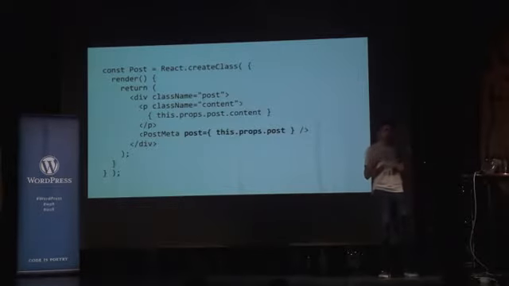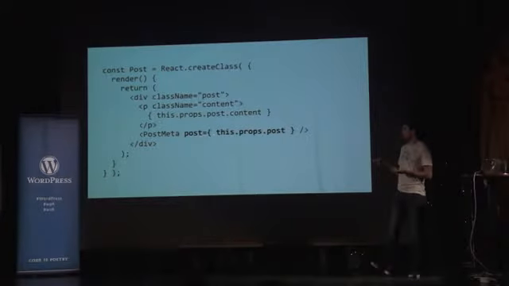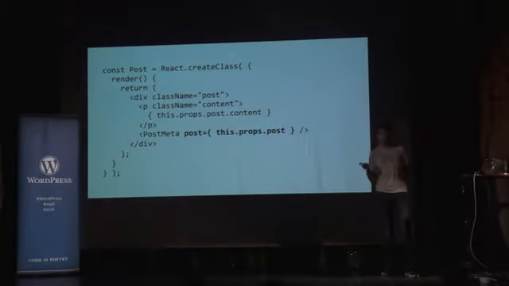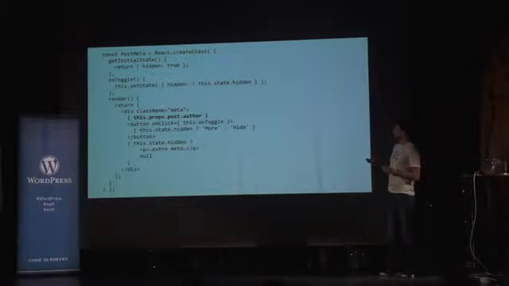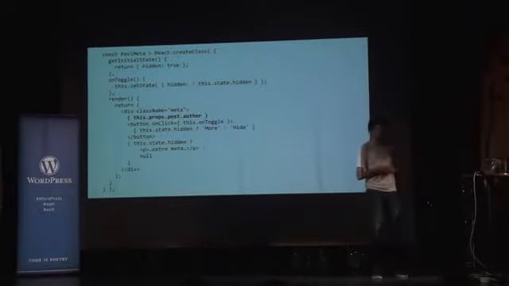We can also pass our arguments to components which in JSX look like HTML attributes, and they're called props. And all of the props can be accessed inside of the component in this.props. It's pretty simple.